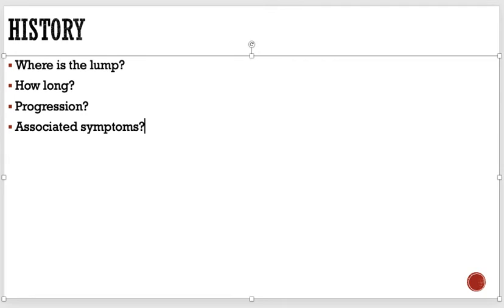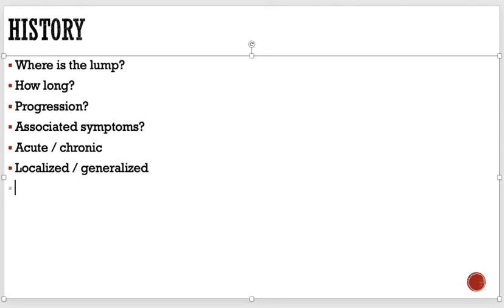So of course, the rest, you are going to talk about the same history. Remember OD para: onset, duration, progression, aggravating features, relieving features, as well as associated features. So simply you have to see either it's acute or chronic, either it's localized or generalized.